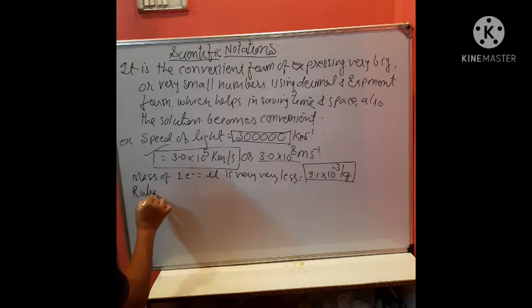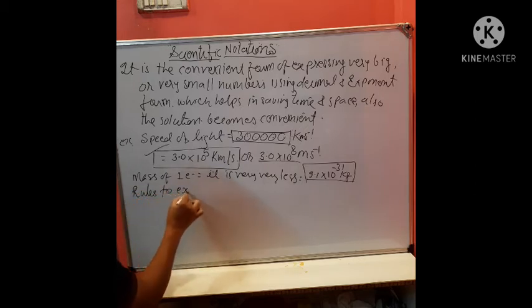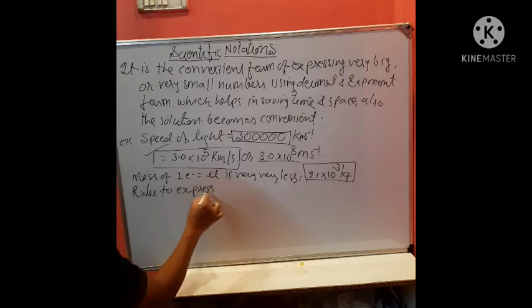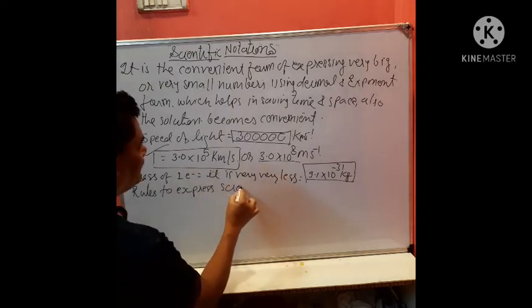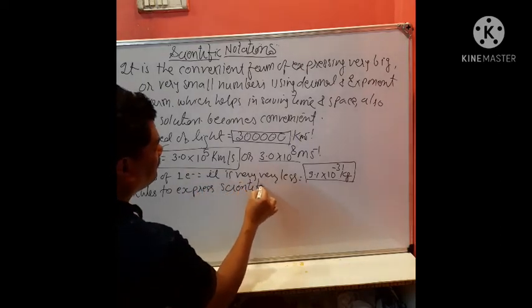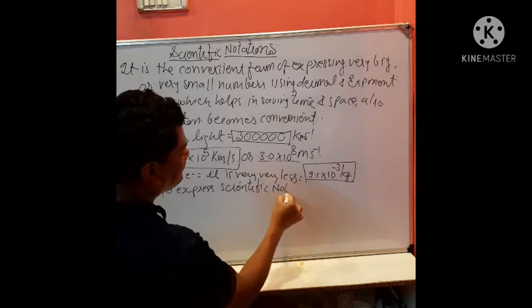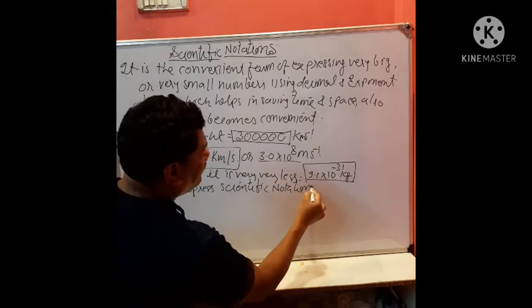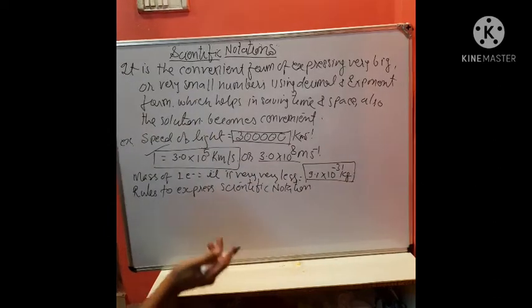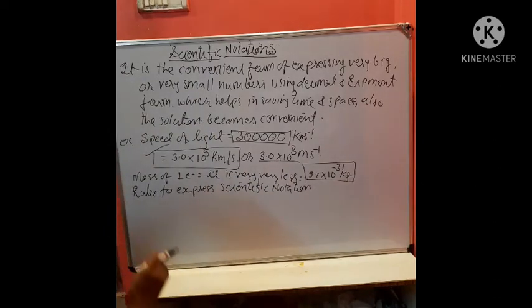Rules to express scientific notation. That is, how do we change the decimal point and the exponent?